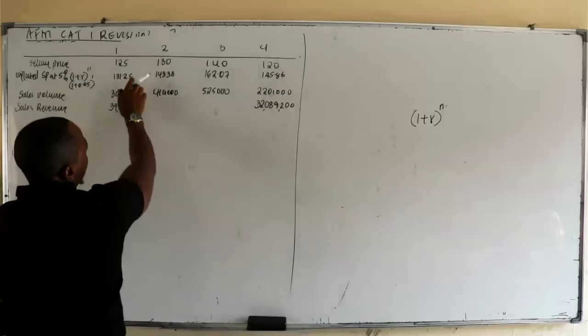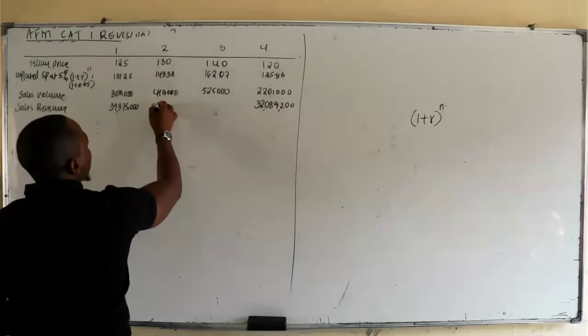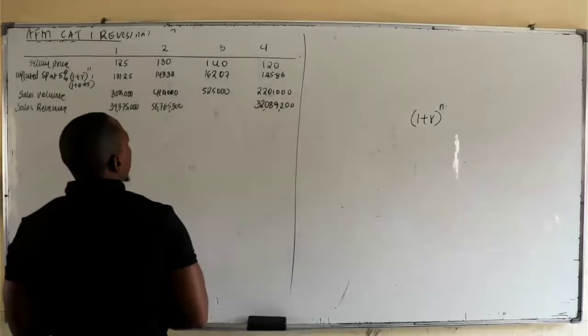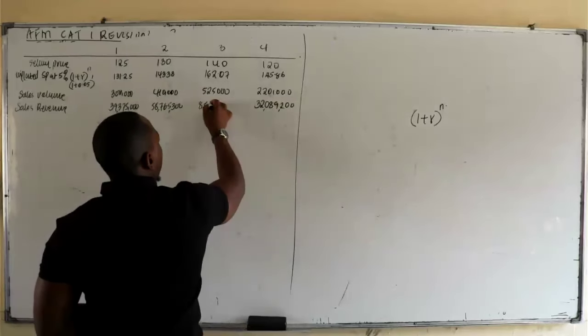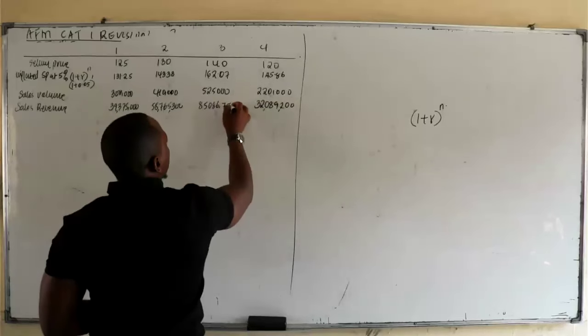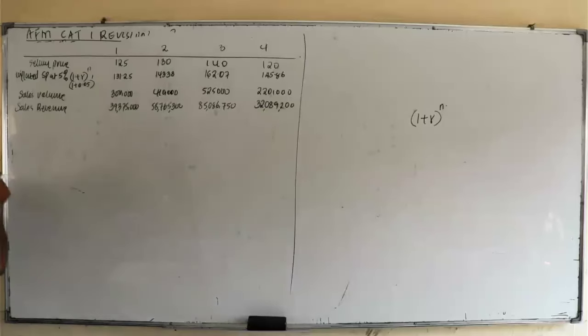The second one, you just take 143 times 410, 58... 765,300. Second one, 85,086,750. Good.